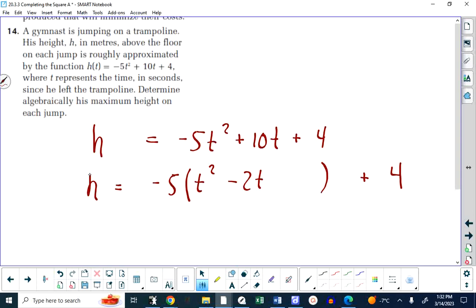What number am I going to add inside of the brackets? Christy, what number am I going to add in there? It would just be 1. Half of negative 2 is negative 1, squared is 1. What am I going to do over here for an adjustment?